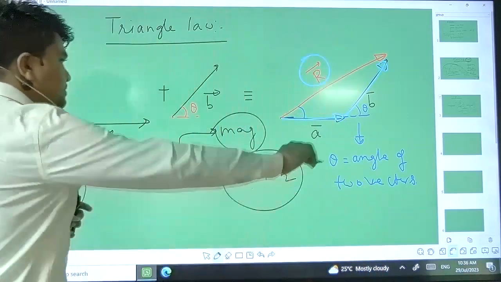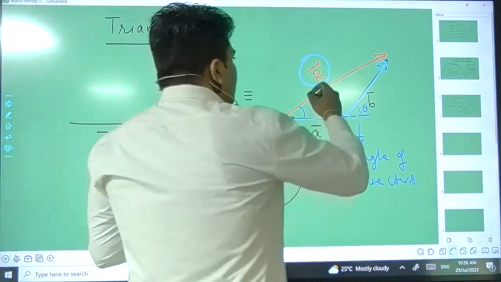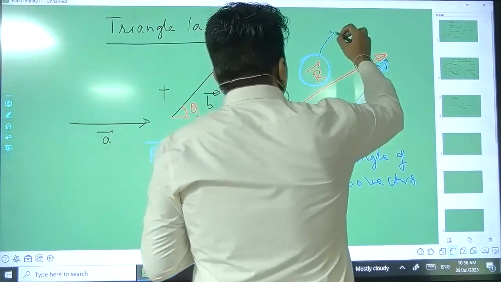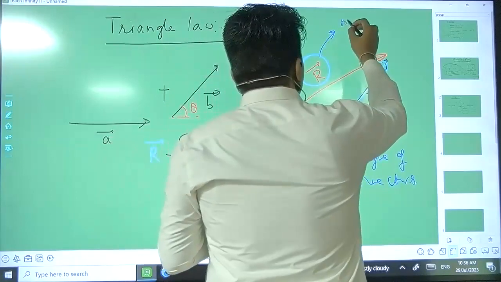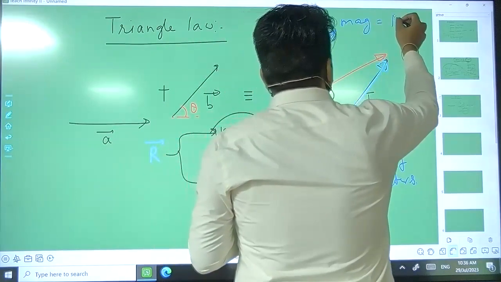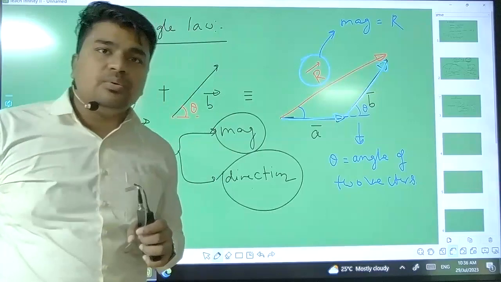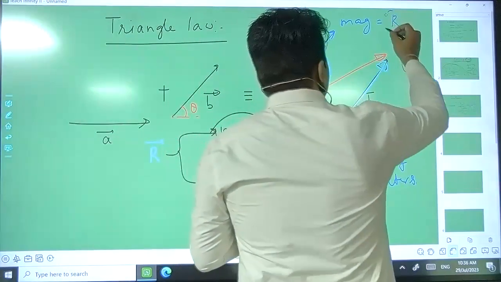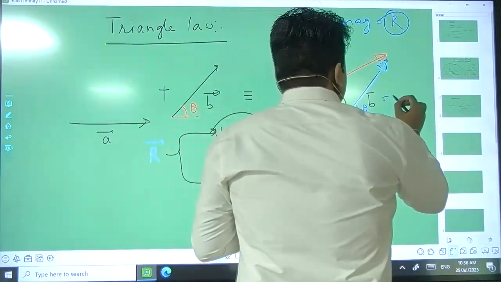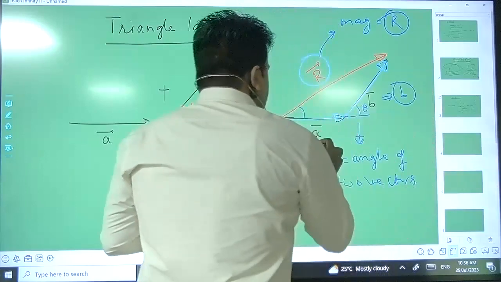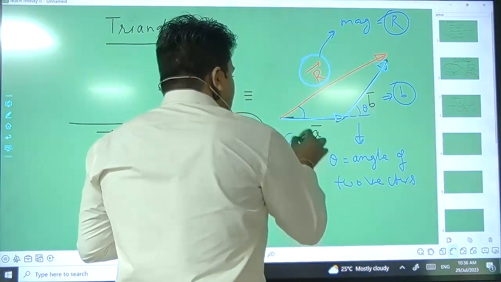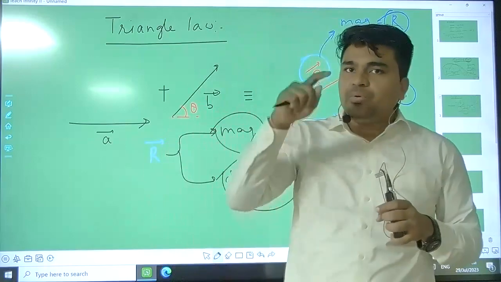As you know, for the resultant vector, if we talk about magnitude, then we simply remove the arrow, and this vector has magnitude only R. Similarly, this vector has magnitude only B, and this vector has magnitude only A. We simply remove the arrow from it.